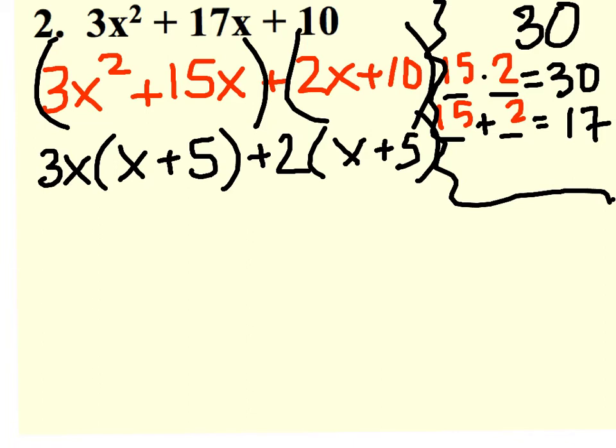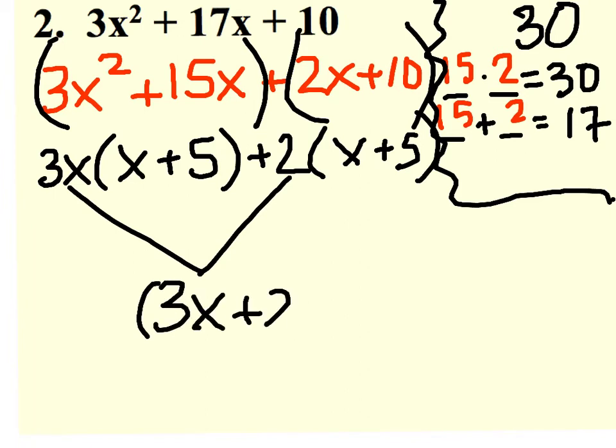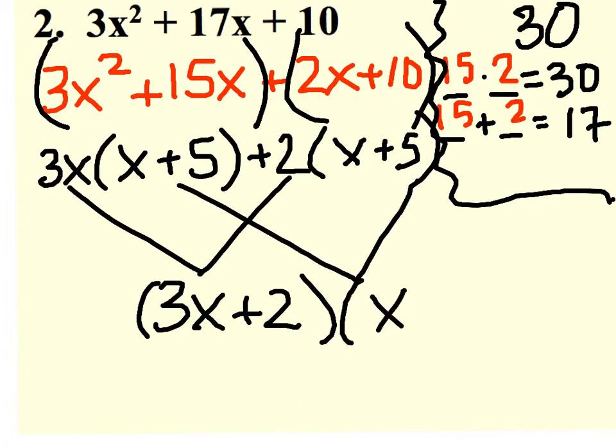To write my final answer, it's kind of like the reverse distributive property. 3x plus 2 is one binomial, and then I write x plus 5 once. So my final answer is 3x plus 2 times x plus 5. To check my work, I can always FOIL out my two binomials, and if I get my original trinomial, I know I did my work correctly.